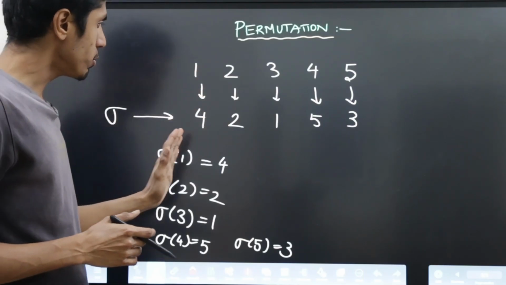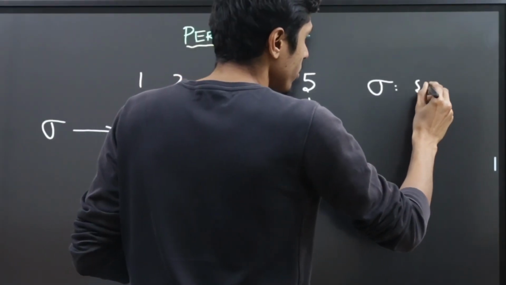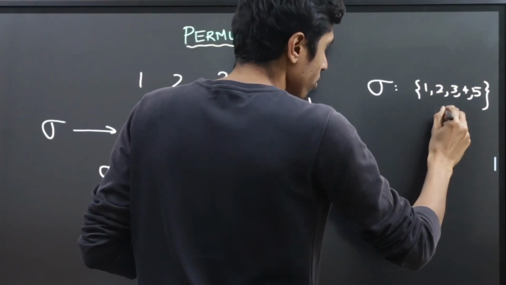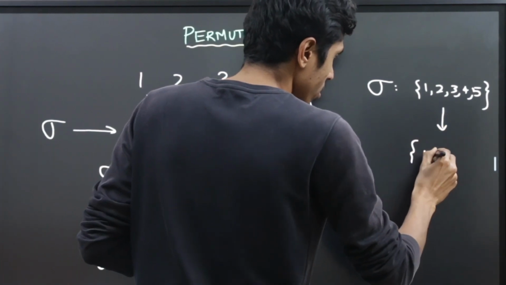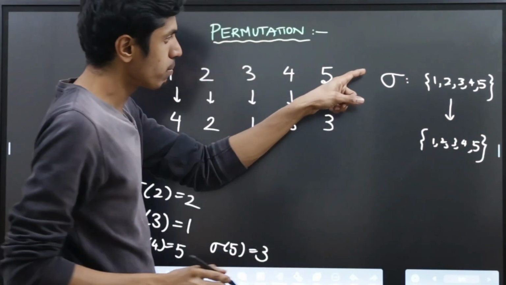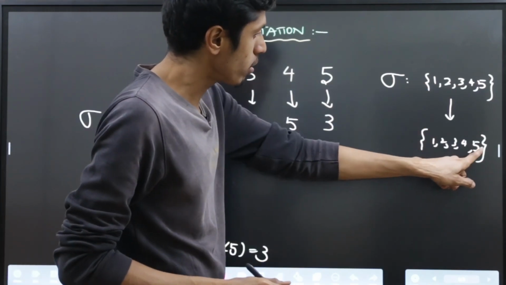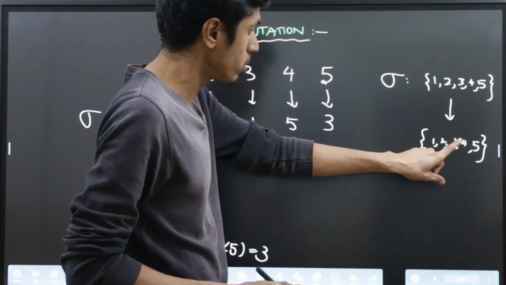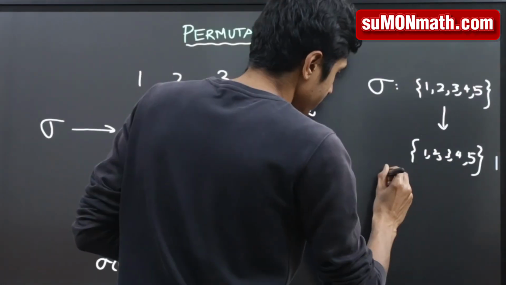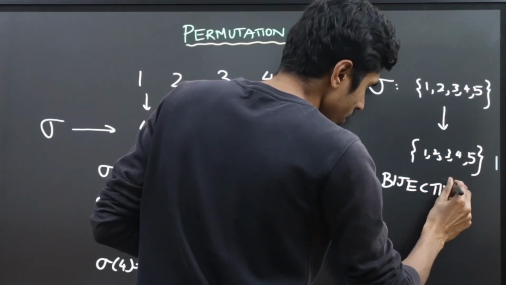How to decompose, or what are cycles involved here? Sigma is a function from the set 1, 2, 3, 4, 5 to itself. Each map gives you a permutation. 1 will have 5 possibilities, 2 will have 4 possibilities, because this map is bijective.